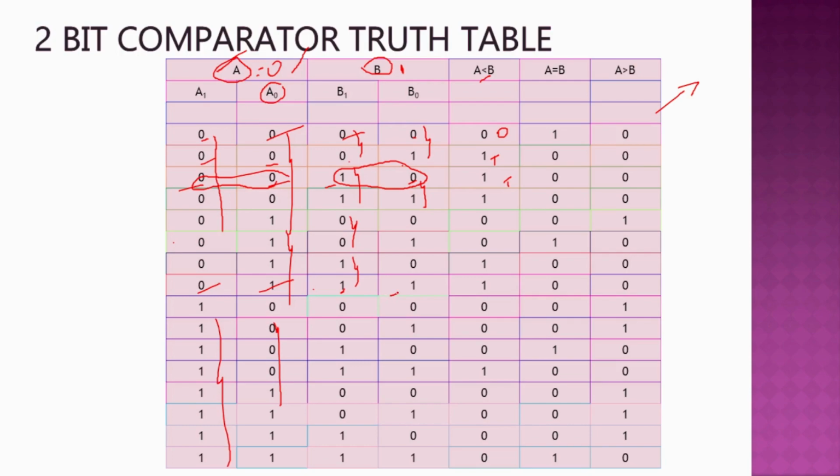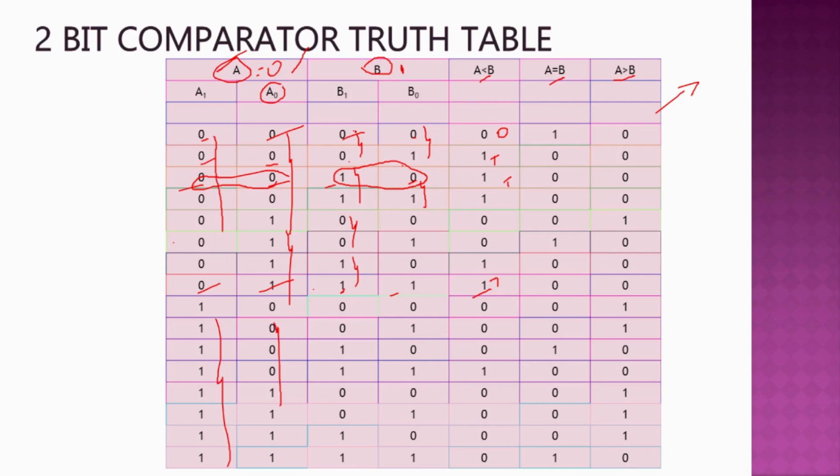It means A is less than B. The condition is true here. Okay. The same approach will be applied to all the input values to find the conditions A is equal to B and A is greater than B.